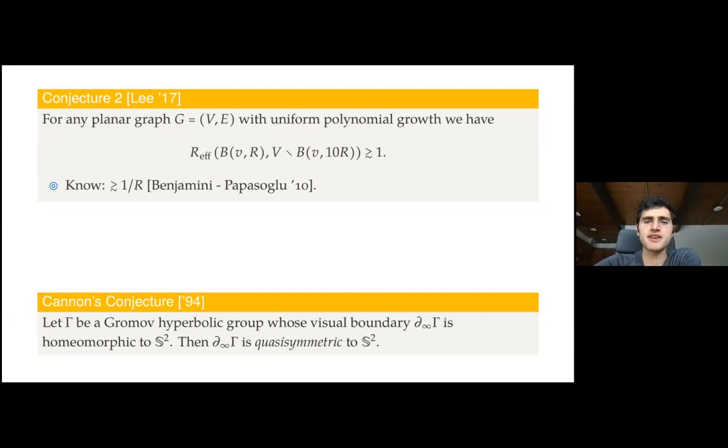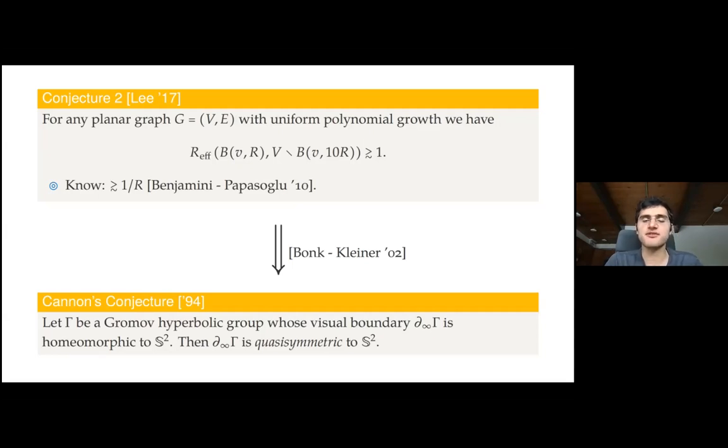It is basically saying that, roughly speaking, if you have a planar graph of uniform polynomial growth that has lots of symmetries in it, then the effective resistance across annuli in this graph is constant.